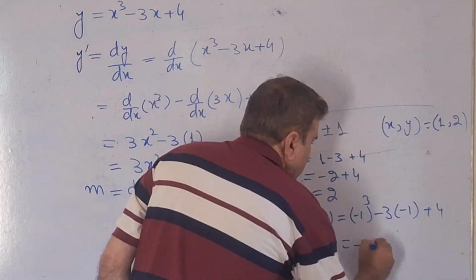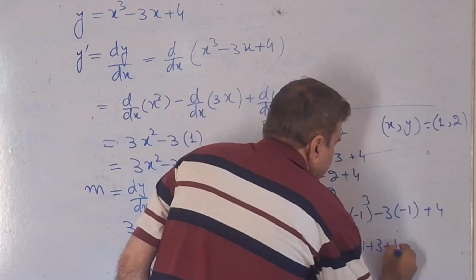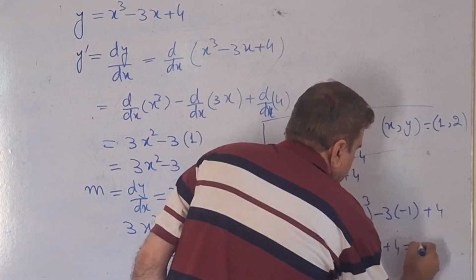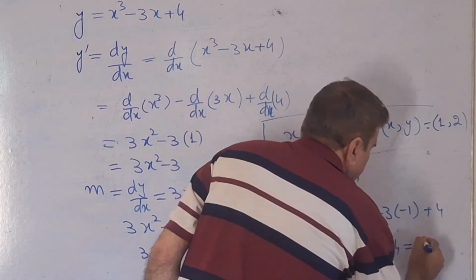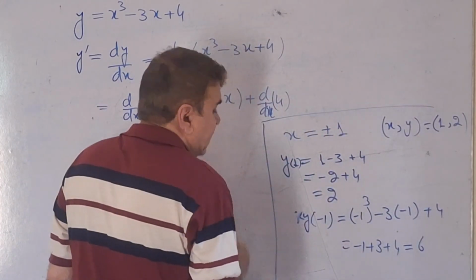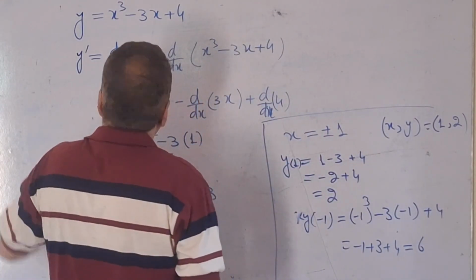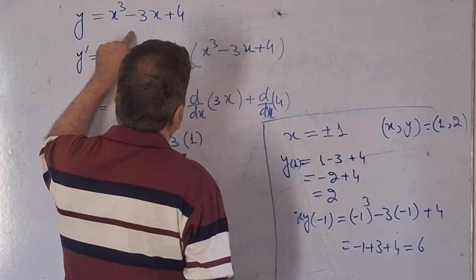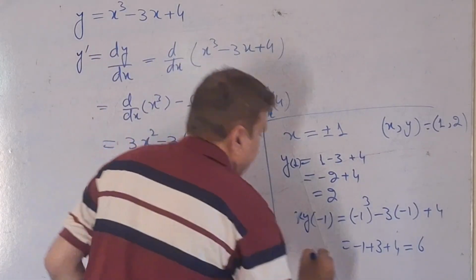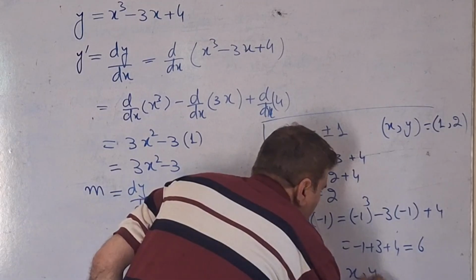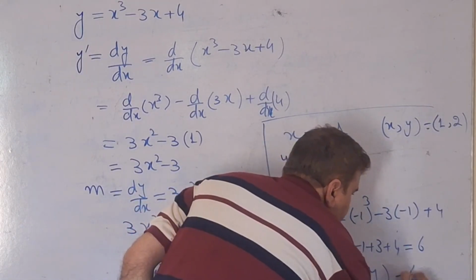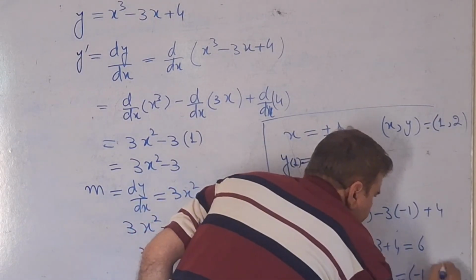This gives me minus 1 plus 3 plus 4, which is equal to 6. So the other point at which the tangent line is horizontal to the curve defined by this function is (x, y) equals (-1, 6).